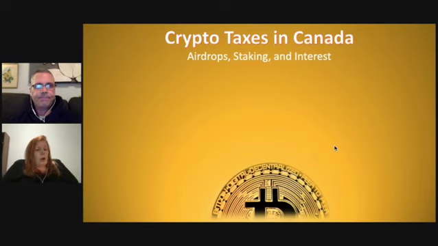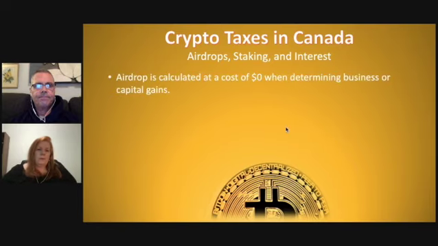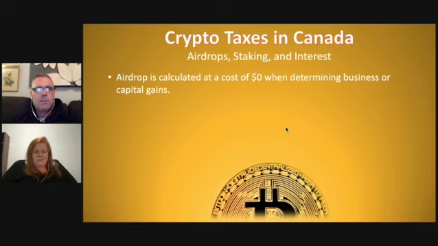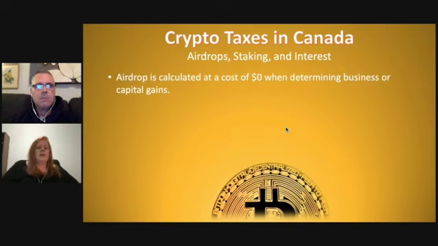So how an airdrop is handled is it's handled as a $0 commodity. So when you get an airdrop, you calculate it at $0. And then when you sell it, if you sold it for, let's say, $50 a year later, I said a year, so that's probably going to be a capital gain in that case.